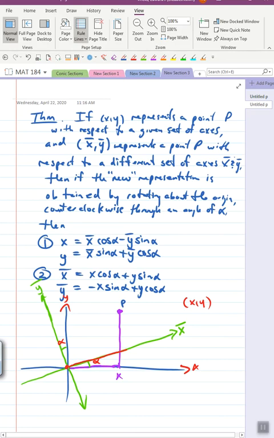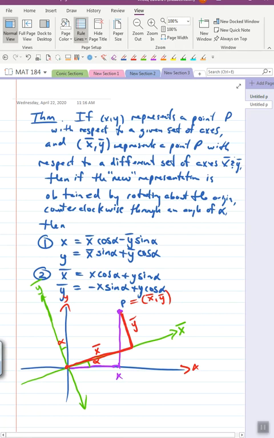You move out to that spot right there, and then you move, well, I won't say up anymore, I'll say you move parallel to the y bar axis. This move that I made right here, that's x bar. This move that I made parallel to the y bar axis, that's y bar. And now I'm saying that P would be represented by new coordinates relative to this new system.